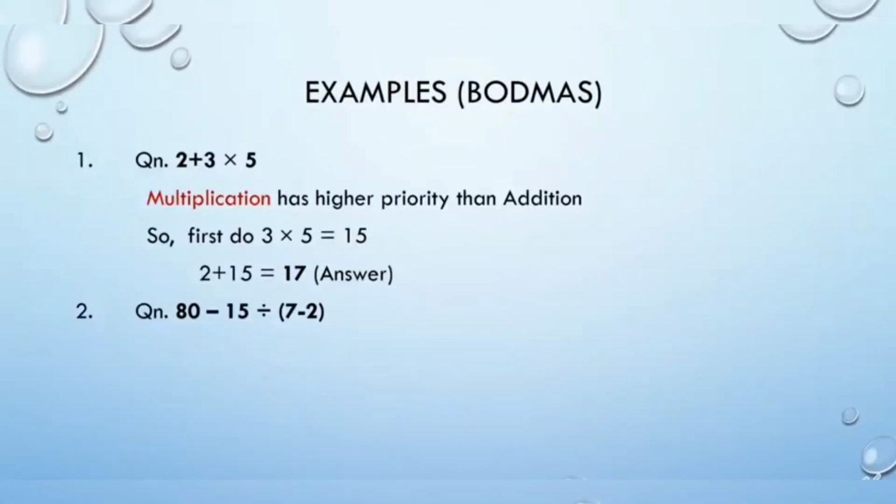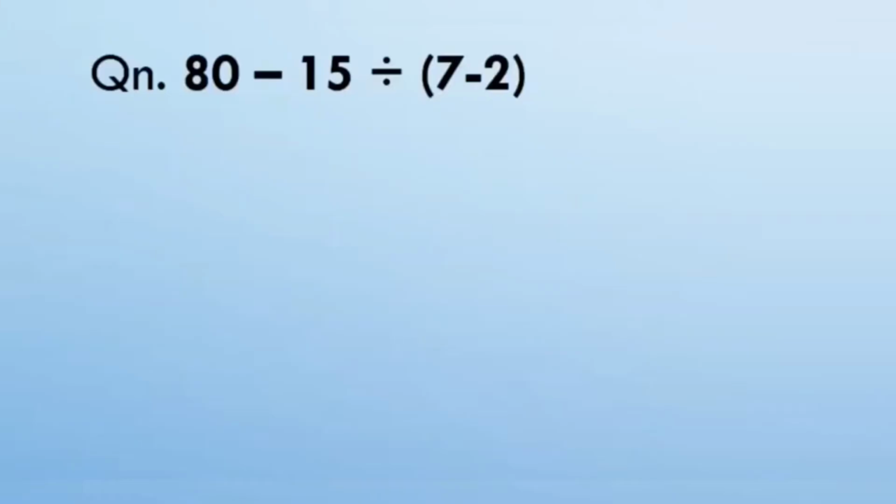So the next problem is 80 minus 15 divided by 7 minus 2 in brackets. So how we can do this problem? Which one we will do first? According to the BODMAS rule, again B, bracket has higher priority. So we have to do the operation within the brackets, that is 7 minus 2. We have to do 7 minus 2 first.